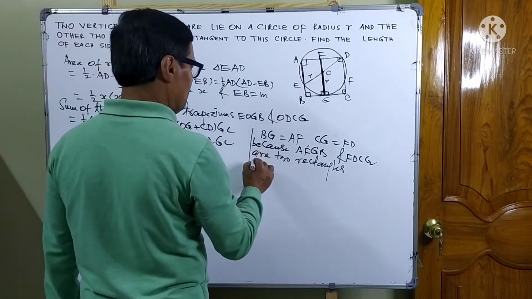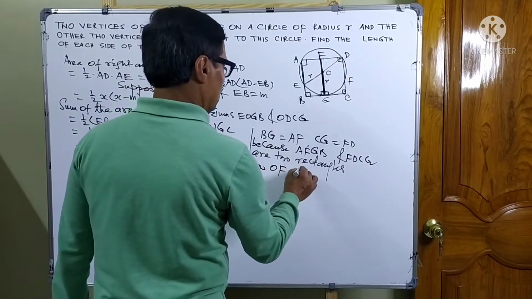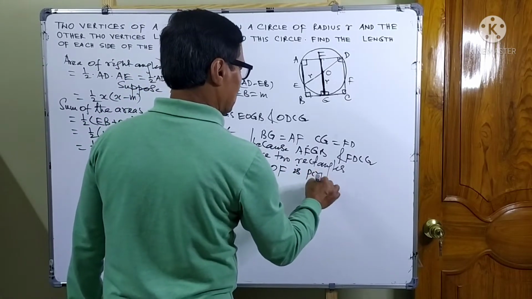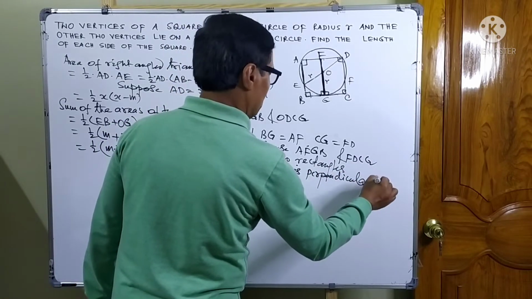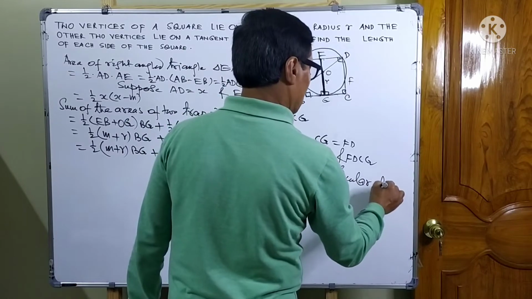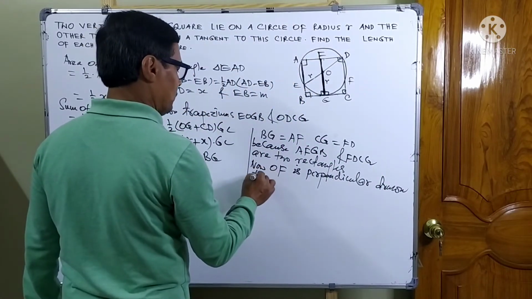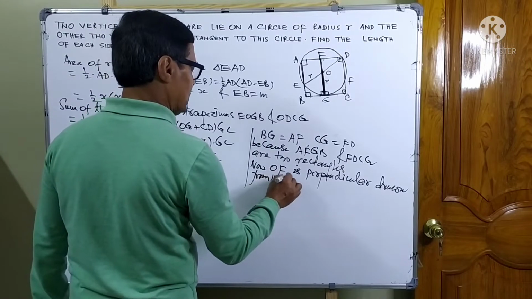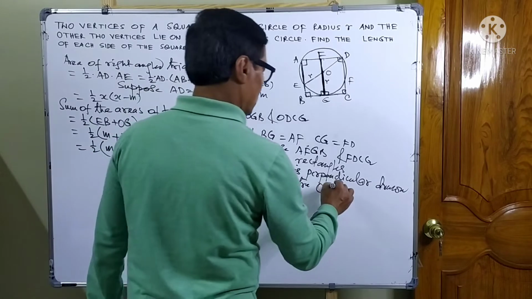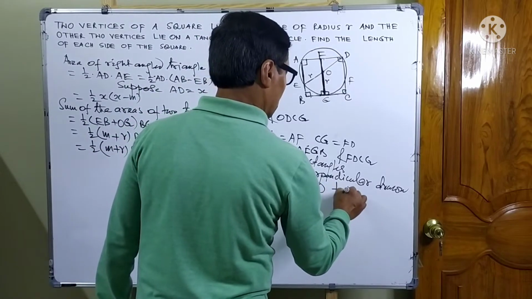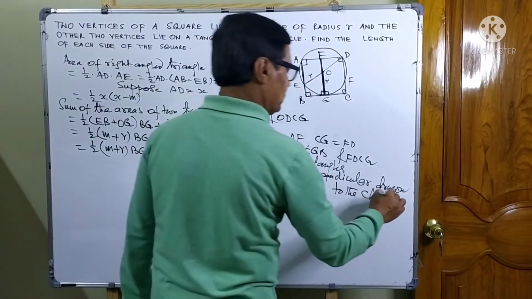Now, OF is perpendicular drawn from the center O to the chord AD.